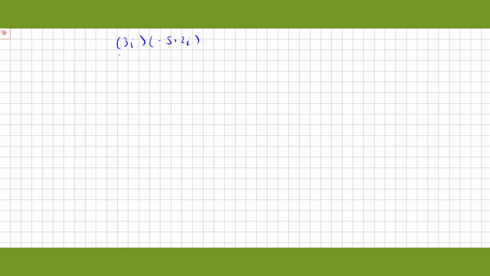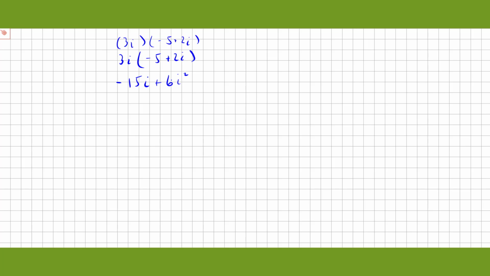So already I know I can use the distributive property. 3i times negative 5, that's negative 15i. 3i times 2i, that's going to give me 6i squared, right?